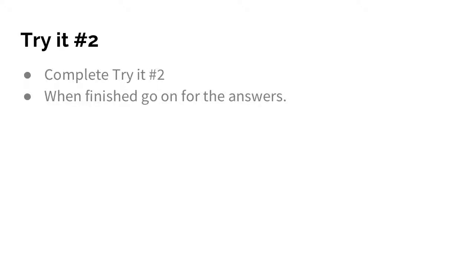Now complete Try It number 2. And this is going from minor to major. Please pause the video now to complete it, and then the next slide will have the answers.